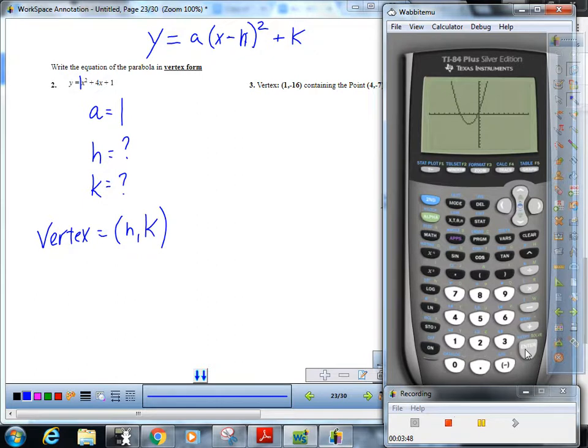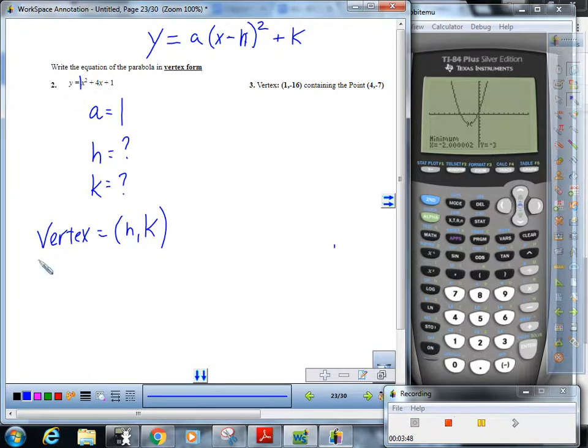And the minimum, now you have to kind of be a human and interpret this, right. What do you think -2.0000002 is? It's just -2, -3. So our vertex is -2, -3. So the answer to this question is y equals, I don't need a 1 here, x minus a -2.